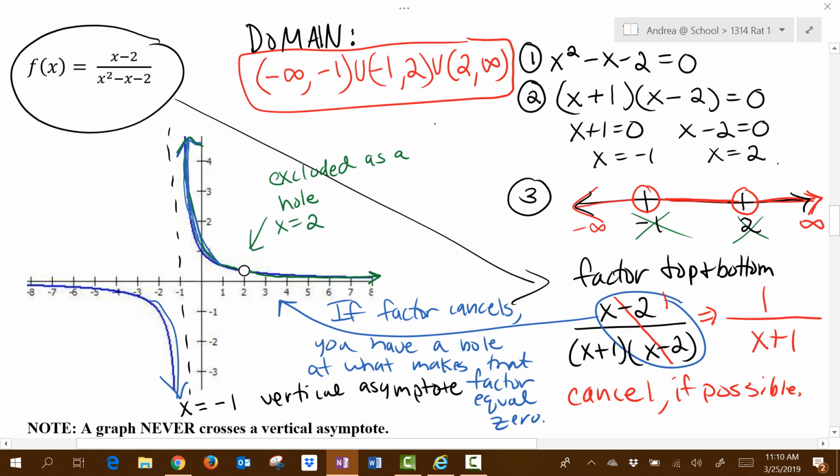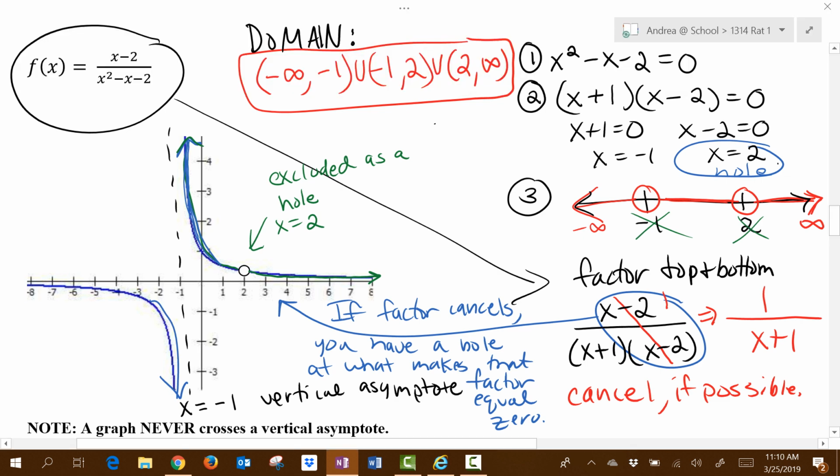So x minus 2 cancels. What would make x minus 2 equal 0? Well, we said x equals 2. So we end up with a hole at the canceled factor. So whatever would make that canceled factor equal 0, that's where we have the hole.